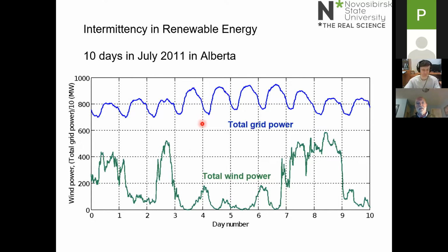Each of the divisions into a day starts at midnight. So there's midnight there. So about 2 o'clock in the morning is the lowest power demand. That increases by about 15% in Alberta to, I think, around midday or a little bit later.